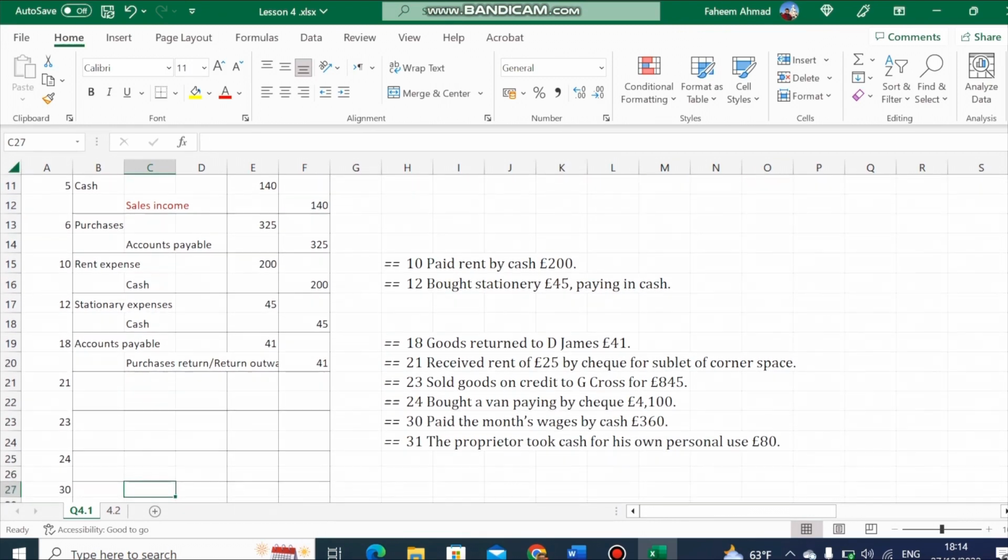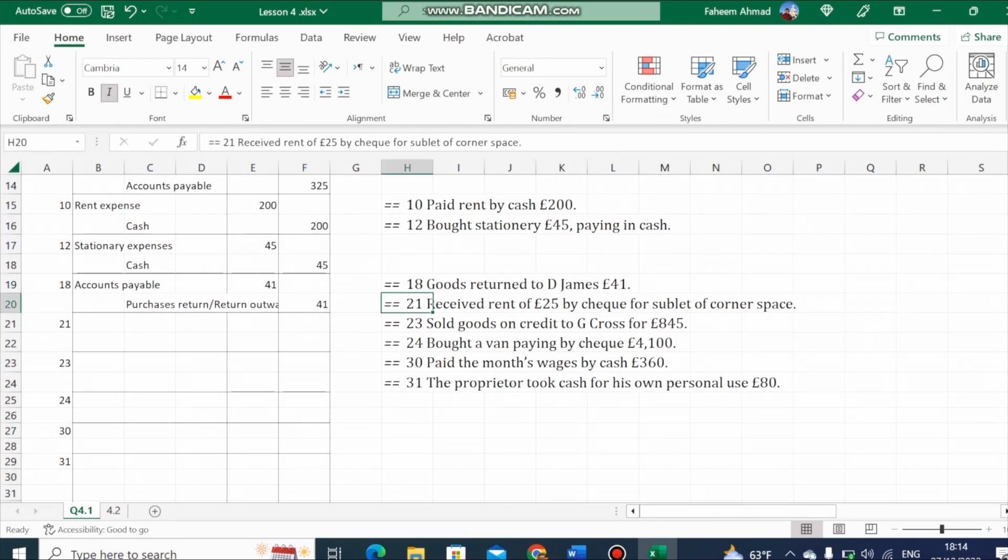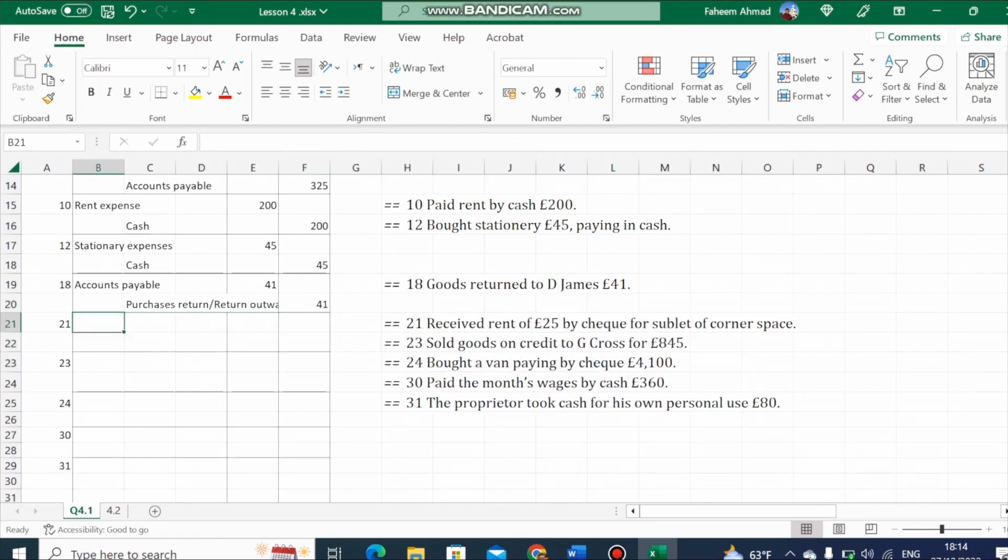Next transaction 21. So we have received rent of 25 pounds. First of all, received rent of 25 pounds by check.